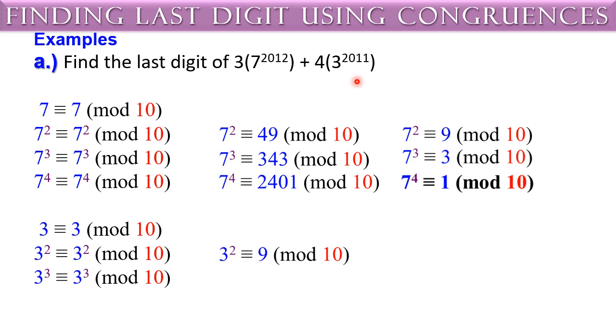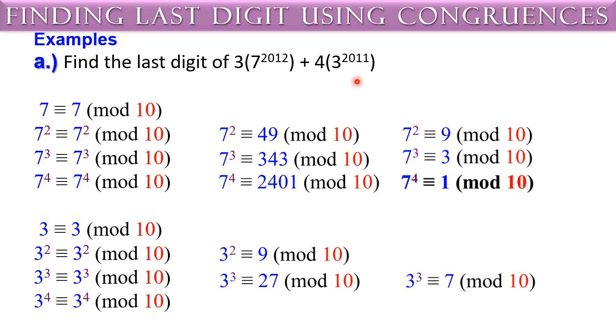3 cubed is congruent to 3 cubed modulo 10. Expanding it, we will have 3 cubed is congruent to 27 modulo 10. Simplifying, we have 3 cubed is congruent to 7 modulo 10. Still not 1, proceed with the next power. 3 to the 4th is congruent to 3 to the 4th modulo 10. 3 to the 4th is congruent to 81 modulo 10.